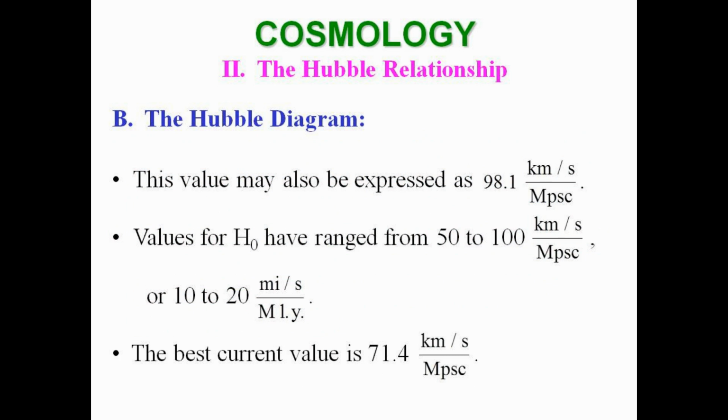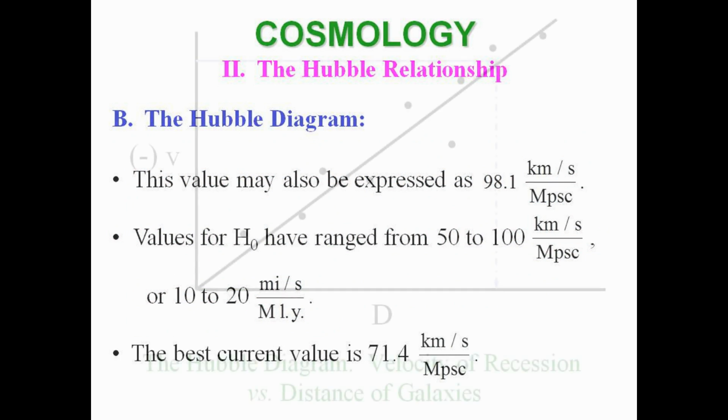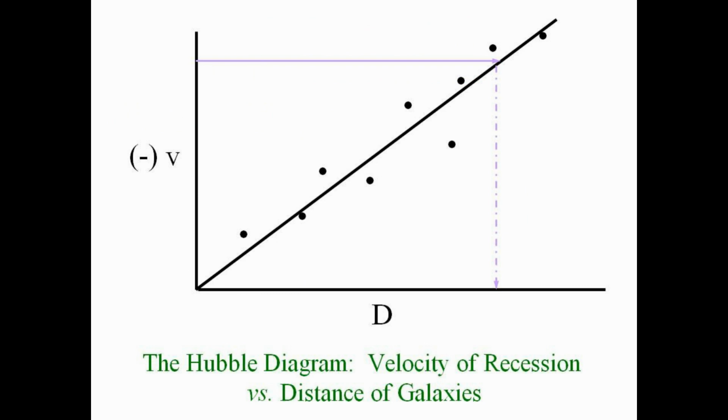And how we use it, we measure the speed of recession of a galaxy, read over to the line, assuming the line is truly there, which is the big assumption, and then read down to the distance, and that's the best way we have of estimating distance to really, really remote galaxies. But it'd be nice to narrow down some of these distances.